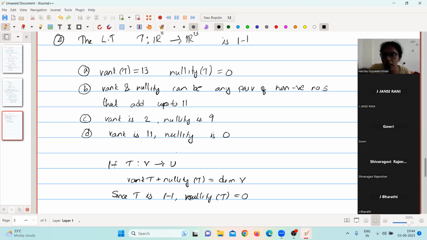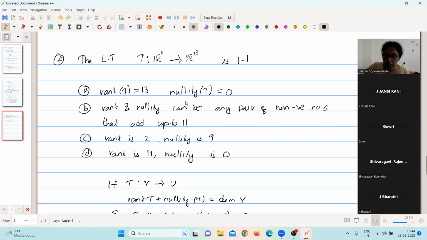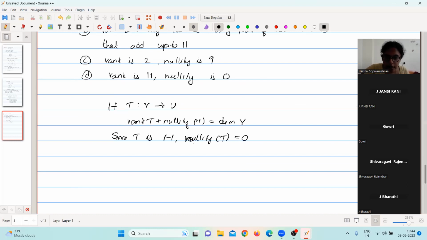Only the 0 element, like 1, 1 means 2 elements are not mapping to the same point. Here it is 1, 1 means only 0 is mapping to 0. So nullity of T is 0. And using the rank nullity theorem, rank of T should be 11 because rank T plus nullity of T should be equal to 11. Okay.